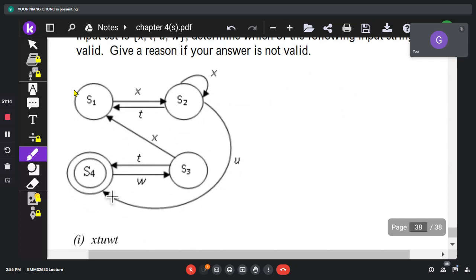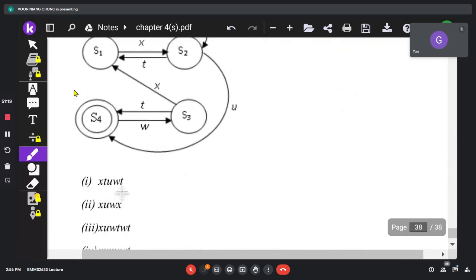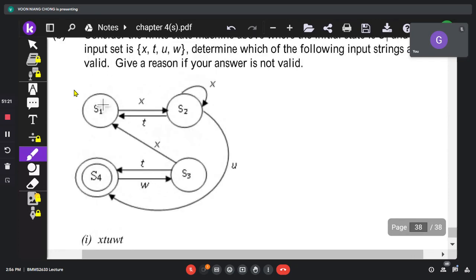Okay, the first one, XTUWT. XT, not valid, this one cannot, the first one. Because XT then cannot have U already, right? So this is not valid.